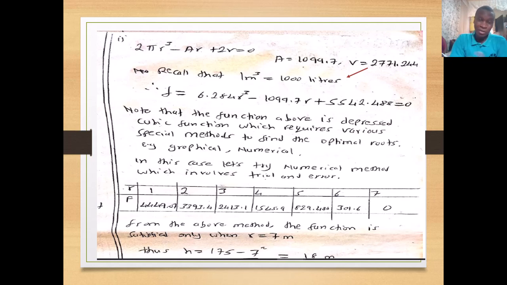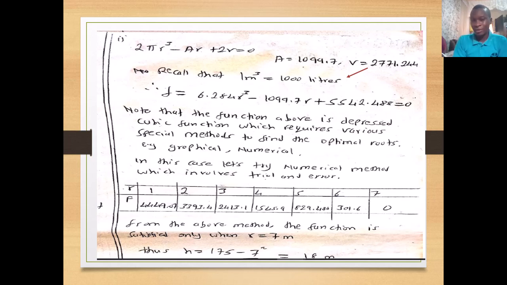Why? Because logically a dimension of an object can never be 0, so r must be greater than 0. That's why I've begun from r equals 1. So when r equals 1, the function is going to be 4449.07, and so on all the way to 6, then 7.